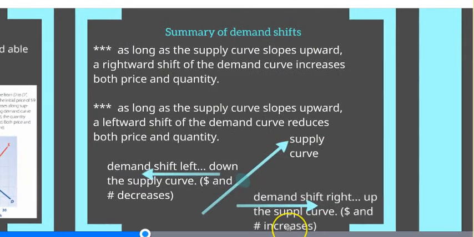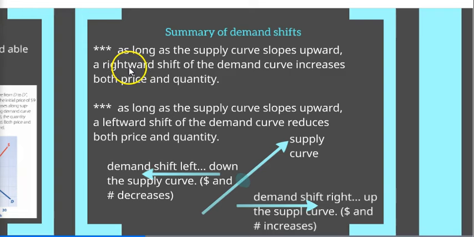And now, just summarizing. We went through it really in detail, but let's just do a quick summary. As long as the supply curve slopes upward, a rightward shift of the demand curve increases both price and quantity. As long as the supply curve slopes upward, a leftward shift of the demand curve reduces both price and quantity.